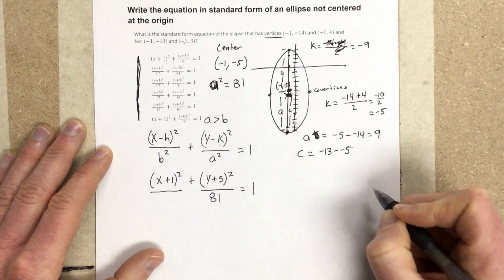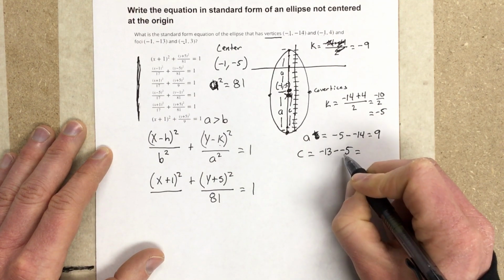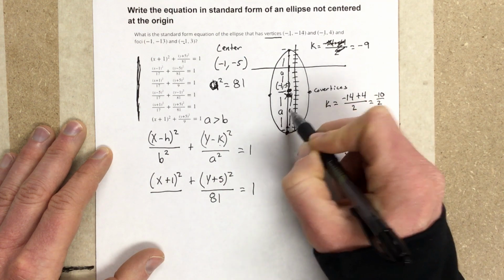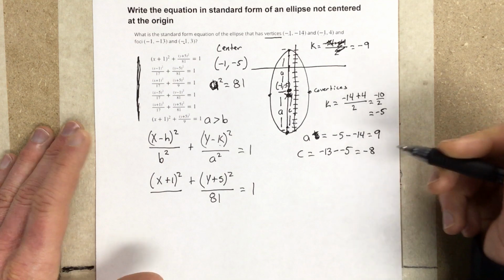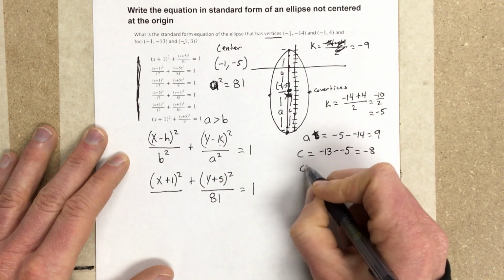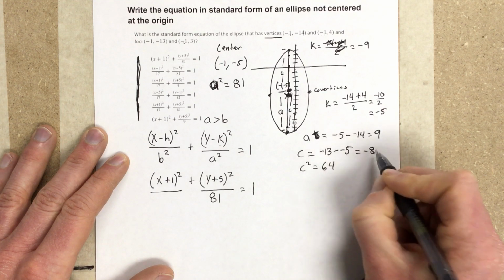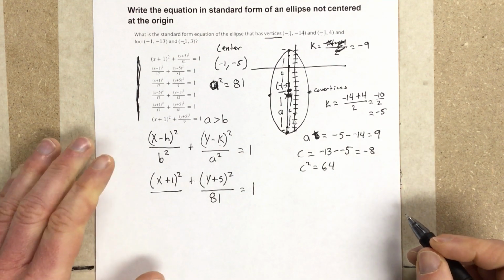This is what c would equal. And -13 minus -5 would be a distance of -8. I could just count here and see that there's a difference of 8. So c squared then is equal to 64, if I square -8.